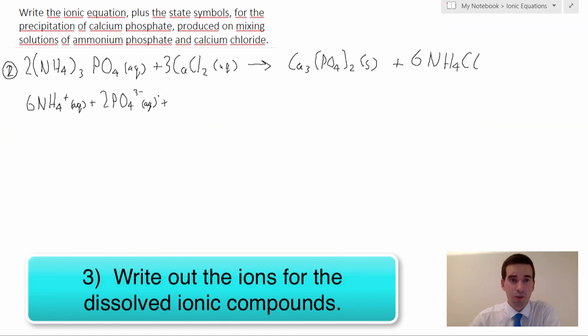We then go on to the calcium chloride. So we have 3 calcium ions plus 6 chloride ions. Now the calcium phosphate is a solid. So even though it's an ionic solid, we don't write the ions separately. So we leave it exactly as it is.